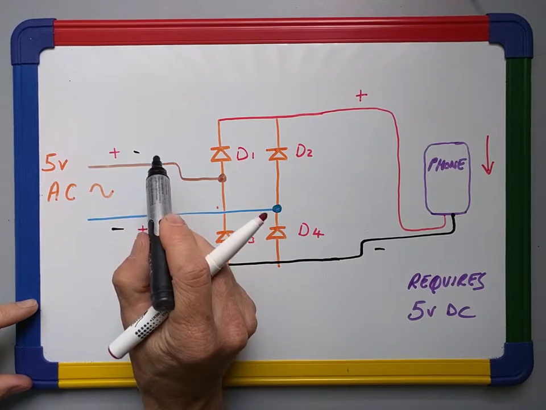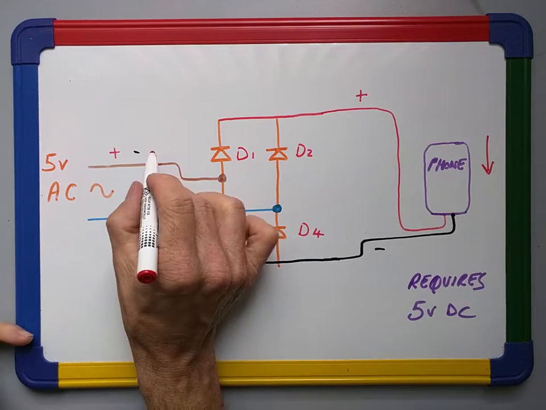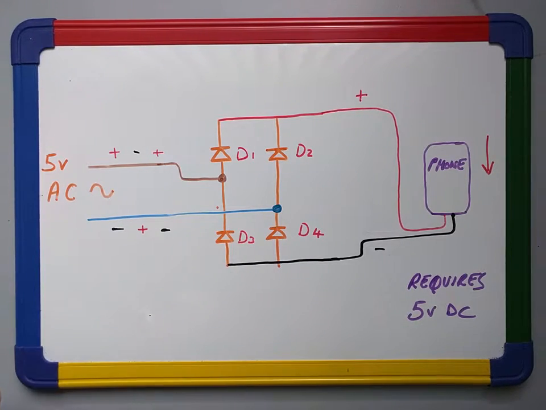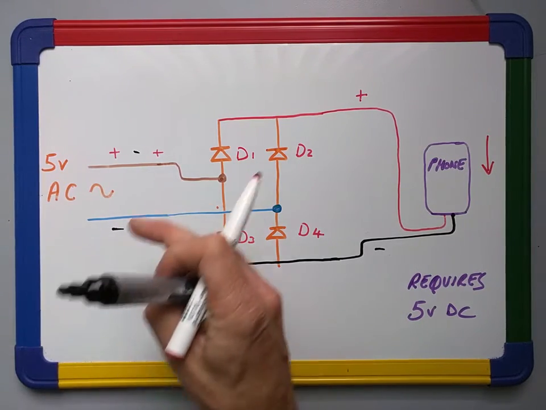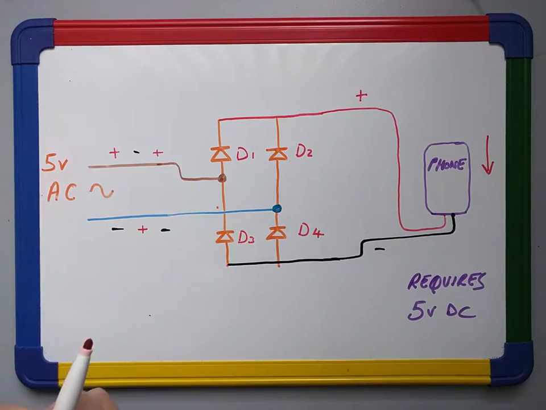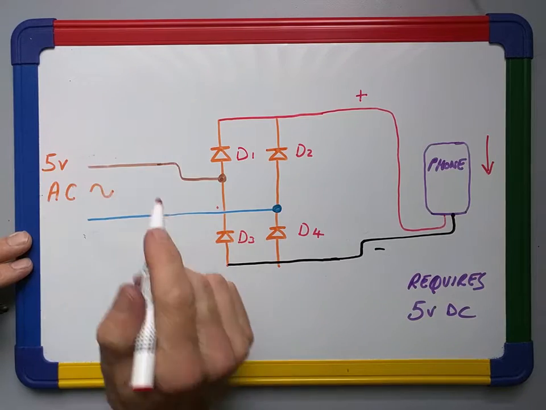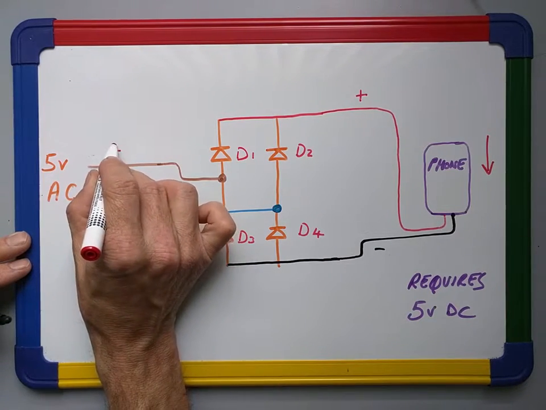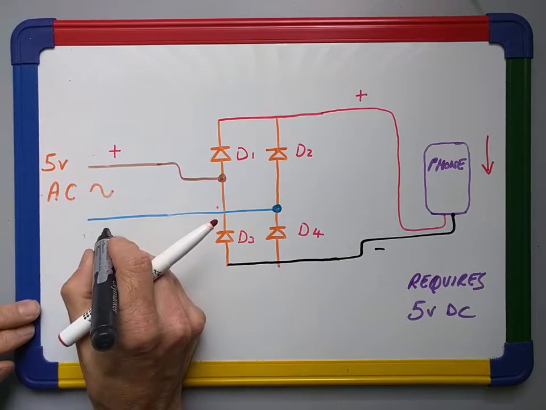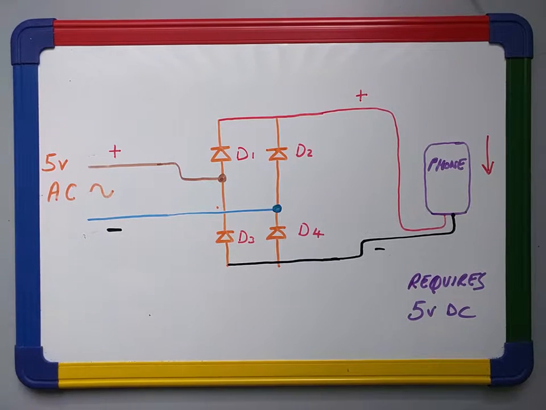Positive at the bottom, negative at the top, and then switches over again. Back, forward, back, forward, back, forward. Just as if this is a battery where we keep swapping the wires on the end of the battery. And that's the reason why the current keeps flowing back and forward. So let's look at those two scenarios. Let's consider the time when it's positive at the top and negative at the bottom.